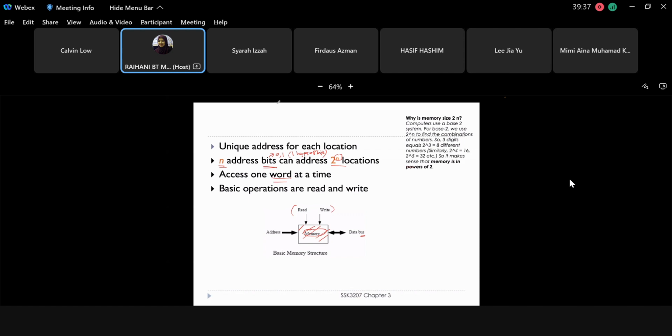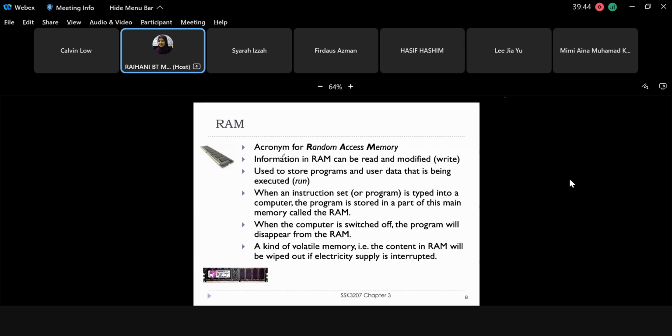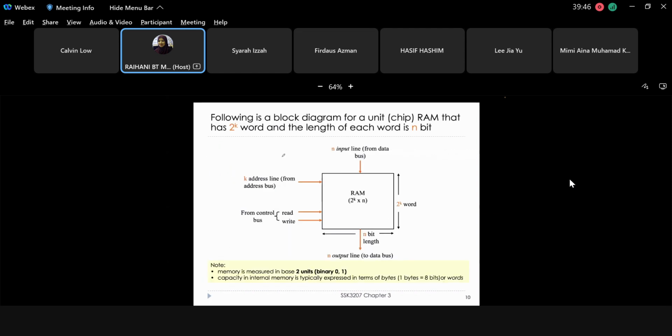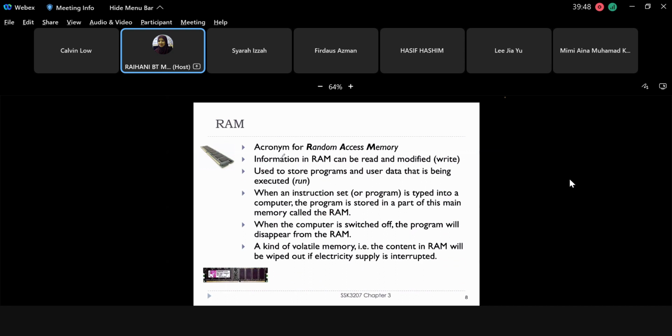Base 2 here refers to the 0, 1. Okay, so this is some explanation of RAM, a type of memory under the category of main memory. RAM is actually random access memory.